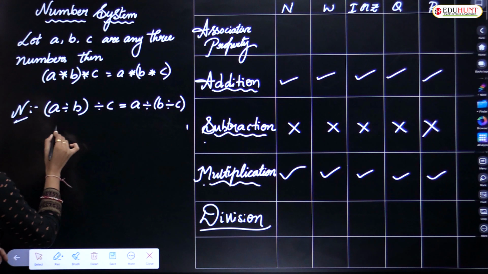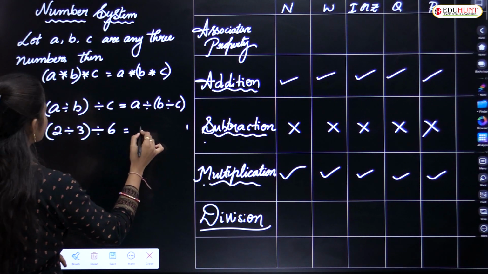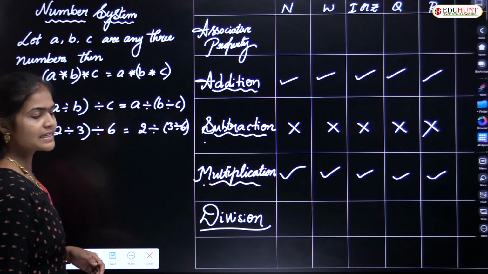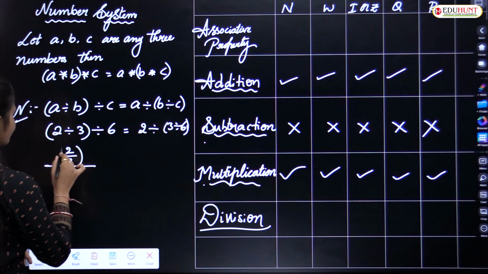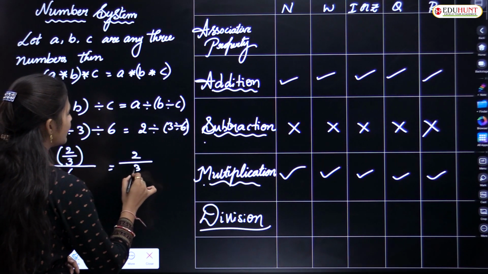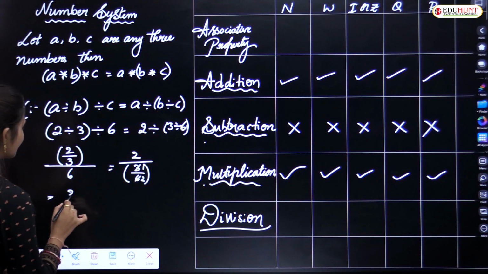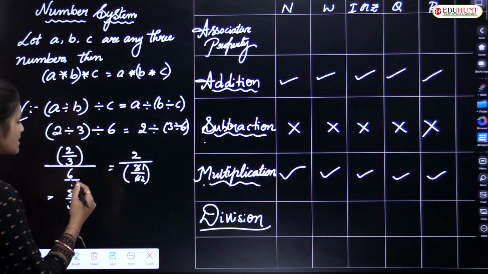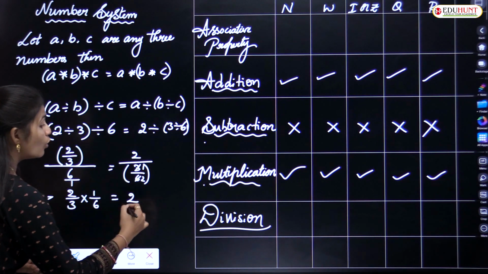Let us see one example. Here 2 divided by 3 divided by 6 is equal to 2 divided by 3 divided by 6. See that example here. So 2 by 3 whole by 6. So 2 by 3 by 6. So 2 by 3 into, here we can write 6 by 1, so its reciprocal becomes 1 by 6, which is equal to 2 whole by 1 by 2.